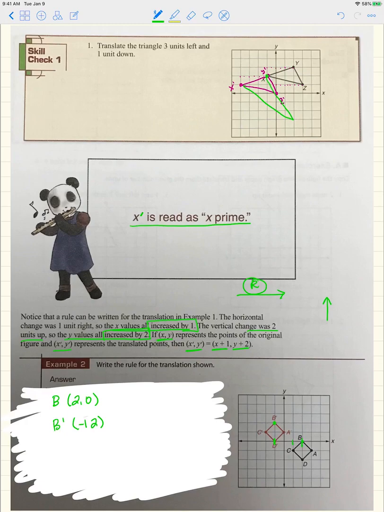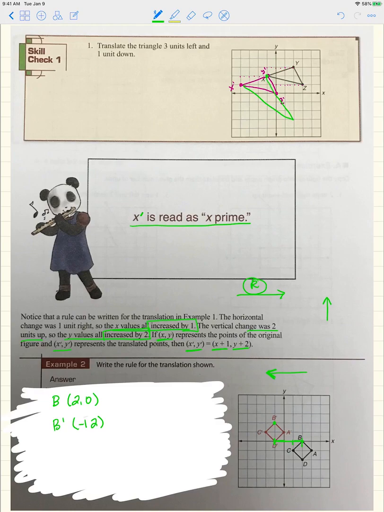To go from B to B prime, let's count how many units we moved to the left. 1 unit, 2 units, 3 units, that's 3 units to the left. Is that going to be negative 3 or positive 3? Well, if we're moving to the left on the x-axis, we are moving towards the negative. So that means B moved 3 units to the left.